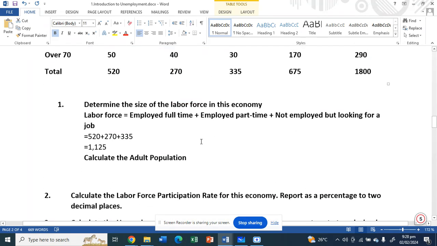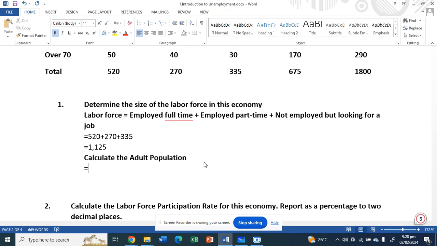So we're going to say 520 plus 270. The 520 represents the adult population who are fully employed. 270 represents the adult population who are partly employed. 335 represents the adult population that is not employed but looking for a job. And then 390 represents the adult population who are not employed and they are not looking for a job.